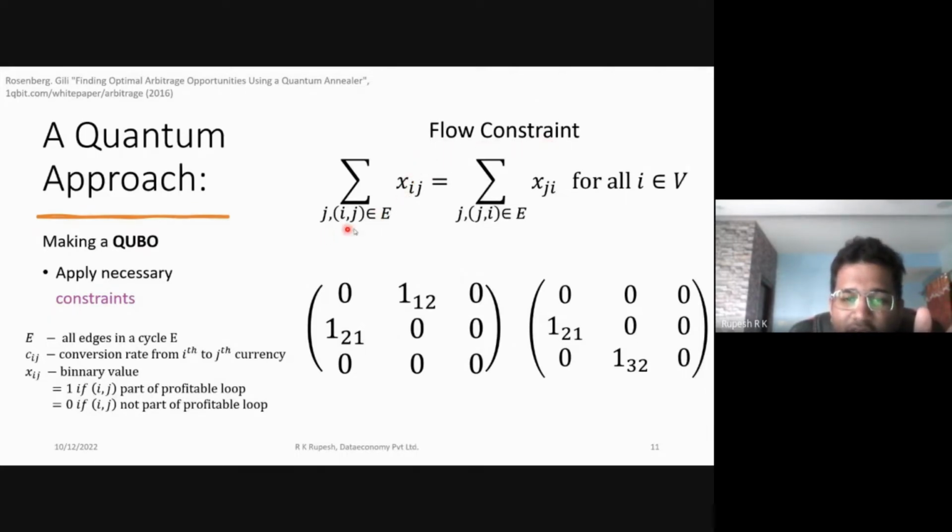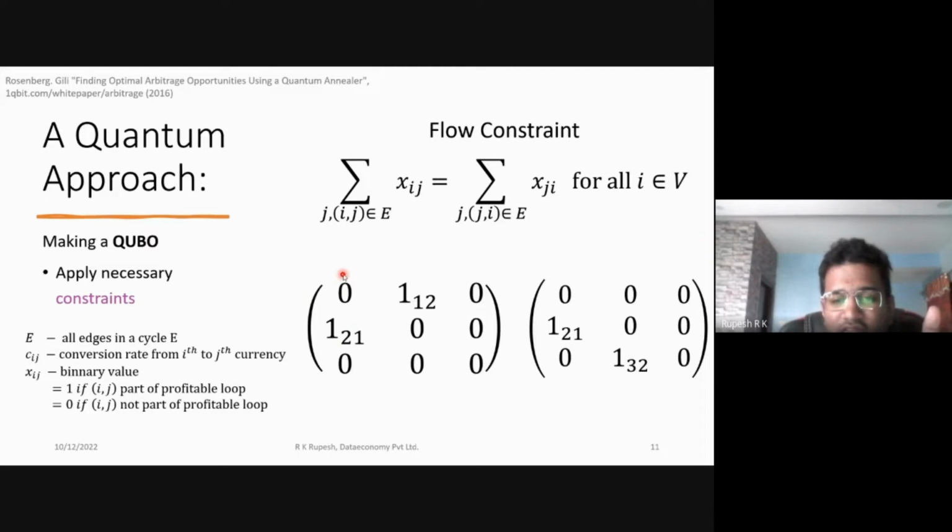And the way it does it is for all possible edges within a given cycle, we sum over j, and that should be equal to the reciprocal. And so what this really emphasizes is that here I've shown two different examples of the adjacency matrices of those graphs.